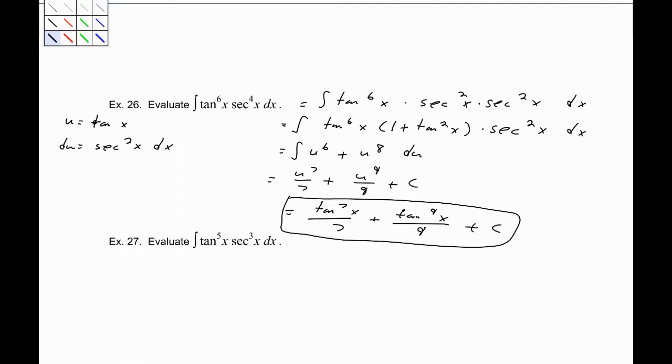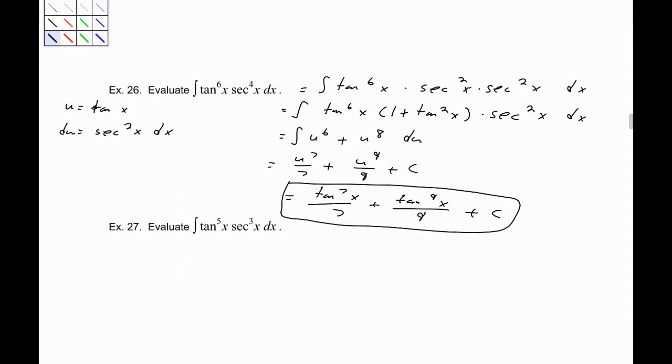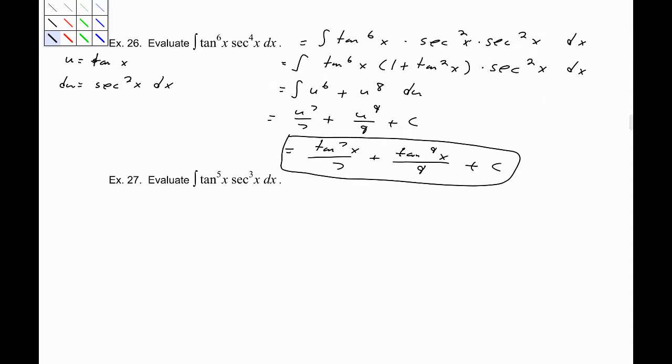Next we have tangent to the fifth, secant cubed. The first thing I'm going to do is pull off, because both of these are odd, I have a to the fifth and to the third, a secant and a tangent. So this will be tangent to the fourth x, secant squared x, times secant x tangent x. It would be nice if all of this were in terms of secant, because this is the derivative of secant.